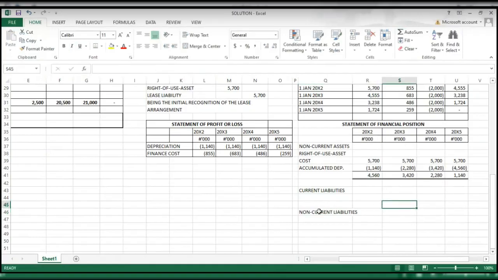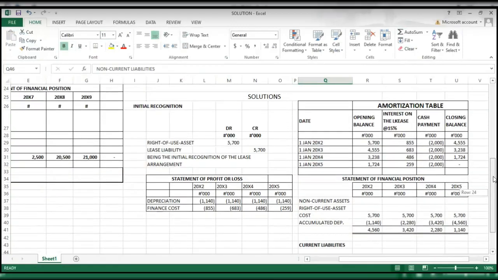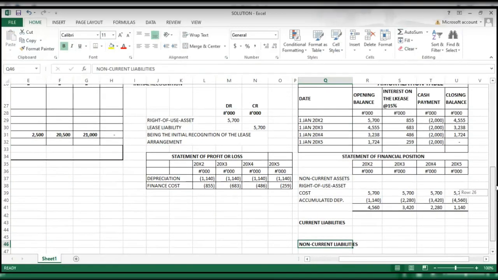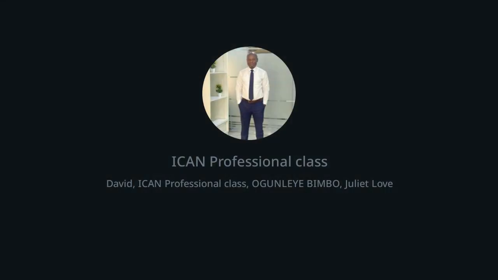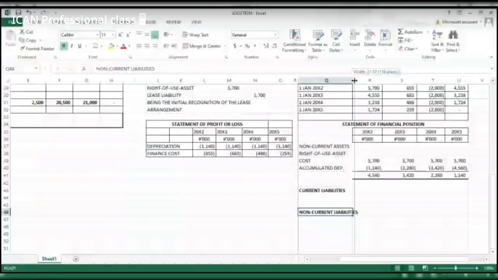So if we have those here, current liabilities, non-current liabilities, we need to know how to spread the lease liability, both to divide it to current and the non-current element of the lease liability.